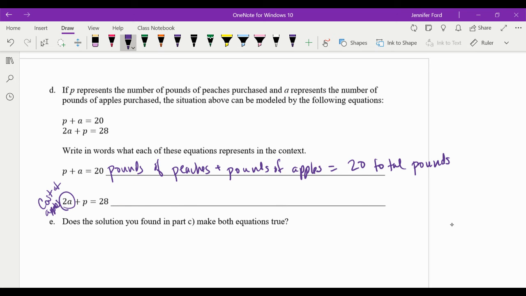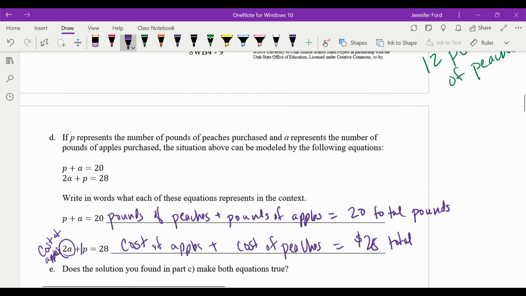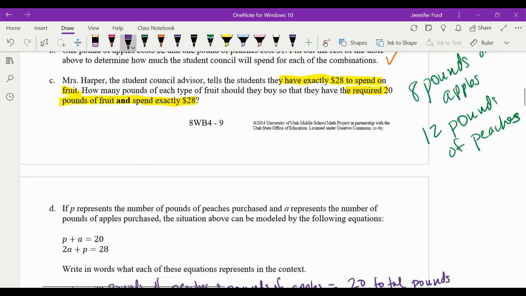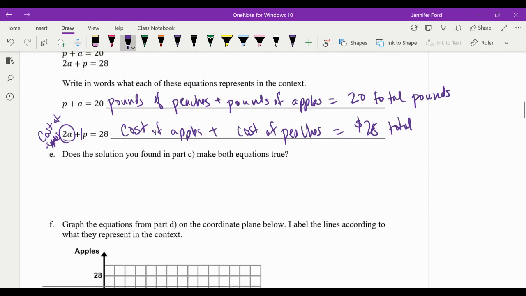So the 2A is the cost of the apples, plus the cost of the peaches. Remember, that's 1P because it's $1 per pound of peaches. Is 28 total. And does my solution make both equations true? Yes, it does. And we'll show this, A equals 8, P equals 12.